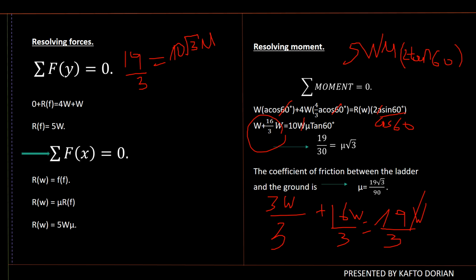So if I divide both sides by this, I have the coefficient of friction equals to what? 19 on 30 root 3. Mind you, the coefficient has no unit, so I cannot leave my answer like that, but I can rationalize, because some people ask why I'm having it like that.